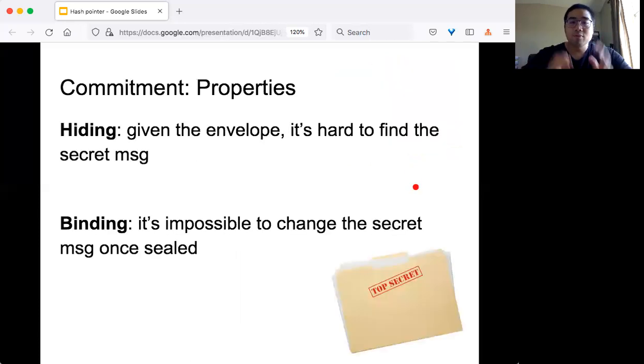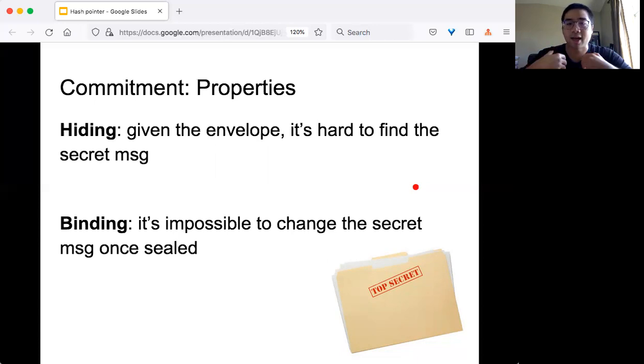Okay, so that's a commitment. To put it more formally, there are two properties. The first one is that the message can be kept secret. No one can look into the envelope unless I open it up. So given the envelope, it's hard to find the secret message. And then binding is that once I seal the message, I should not be able to change the message inside the envelope.